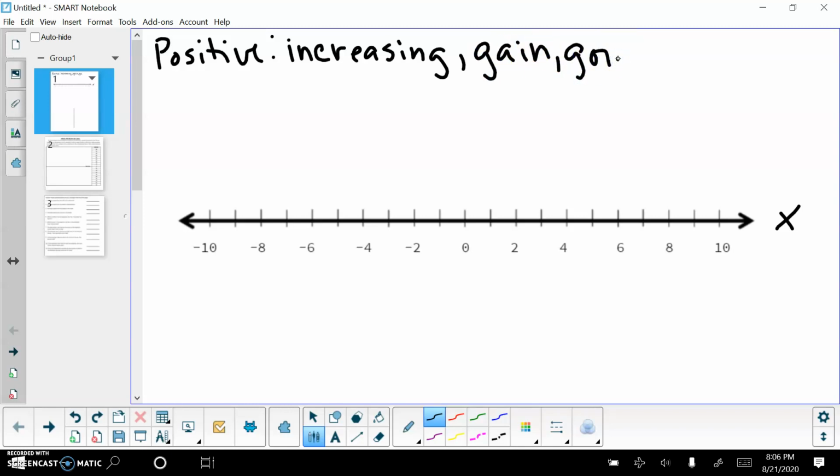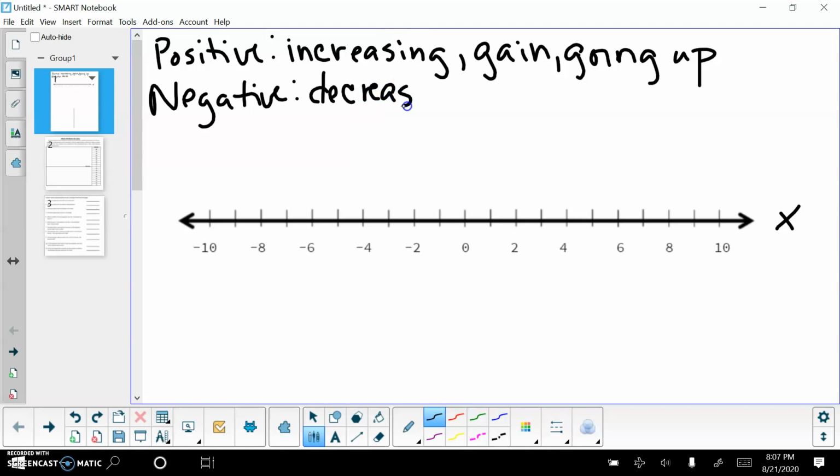It doesn't literally have to mean going up, as in high. It could be that the numbers are just getting bigger. Whereas a negative indicates a decrease, or something that is decreasing, that there's a loss, or that something is going down.